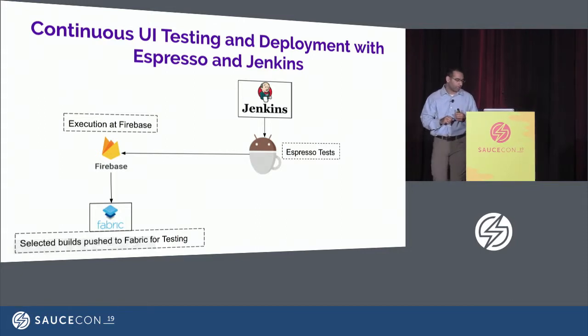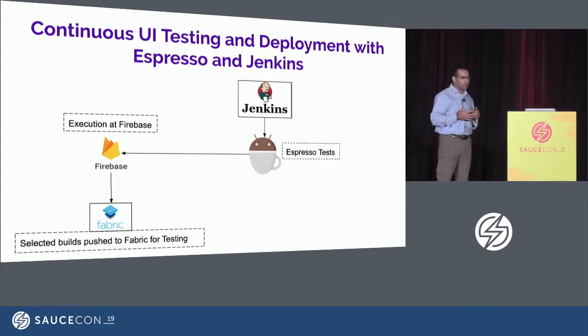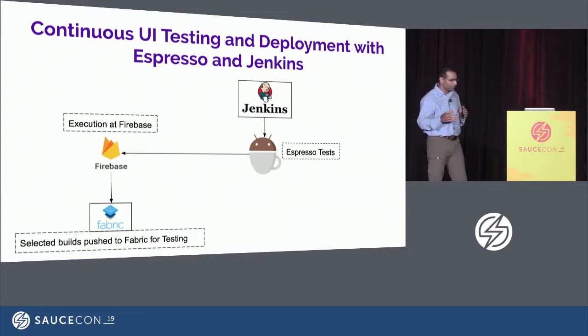I also used Espresso with Jenkins. I did continuous integration at my workplace. It's a similar model: whenever there's a new dev commit, Jenkins senses that the new dev commit is there and starts an Espresso test.